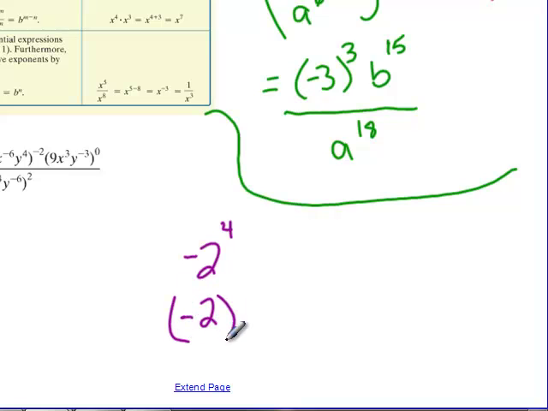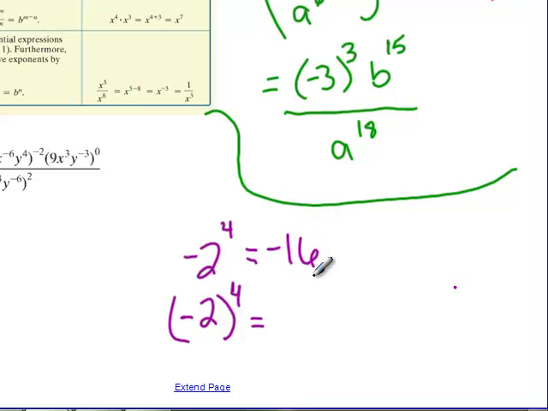So with negative 2 to the 4th versus negative 2 all to the 4th. Negative numbers are like a negative 1 times a positive version of it. That 4th power is only going to the 2 in this top one, so we're going to keep the negative. So 2, 4, 8, 16: negative 16.